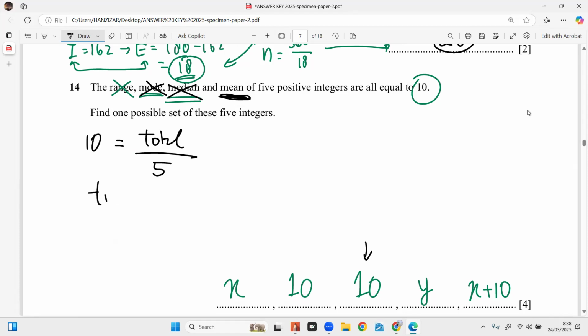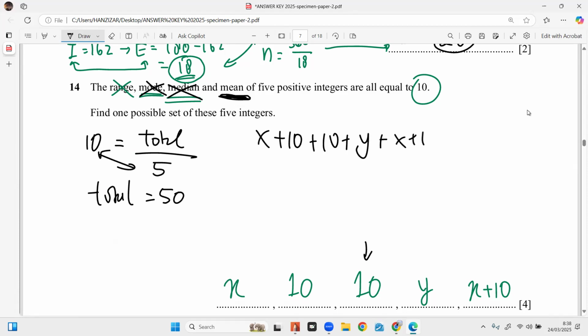So the total has to be, wait, not 15, 50, because 10 times 5. Then you make the algebraic equation: x plus 10 plus 10 plus y plus x plus 10 equals 50. Does it make sense? Yeah. So 30, so this is 20. So 2x plus y equals 20.